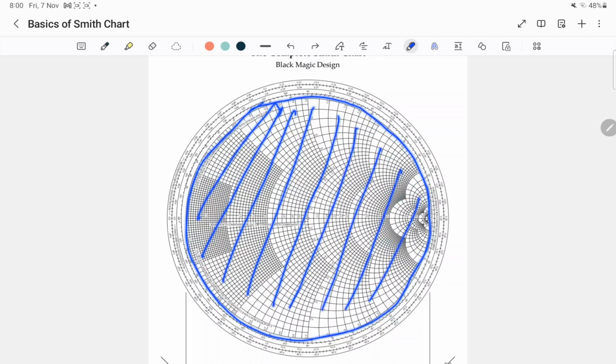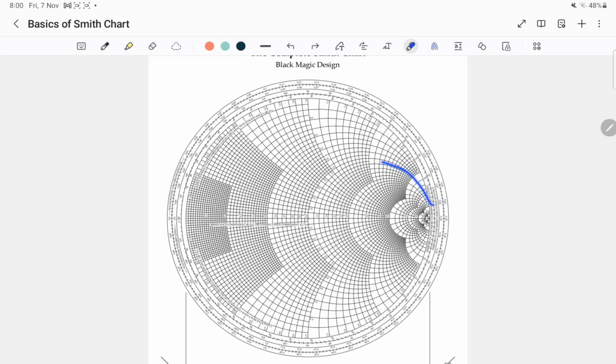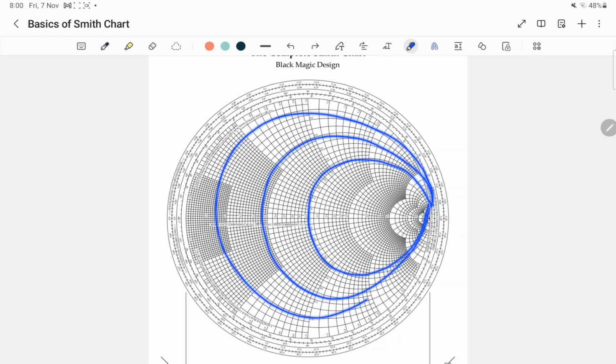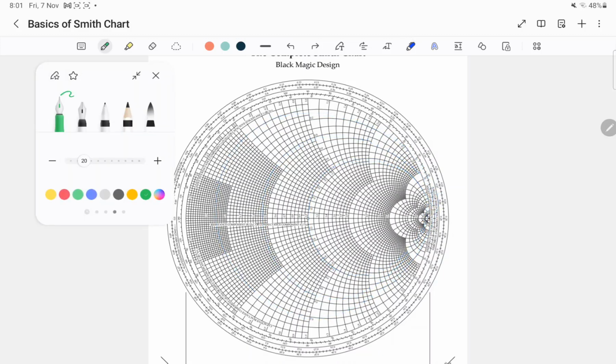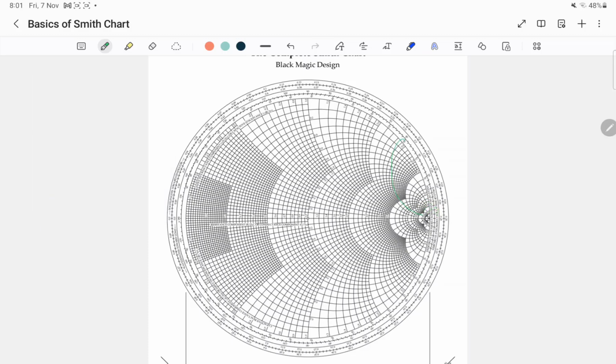Alright, everything inside this. So inside this you have the resistance circle like this, and you also have the reactance circle like this.